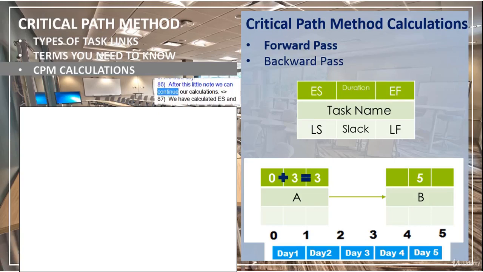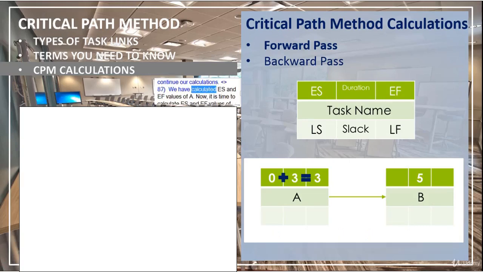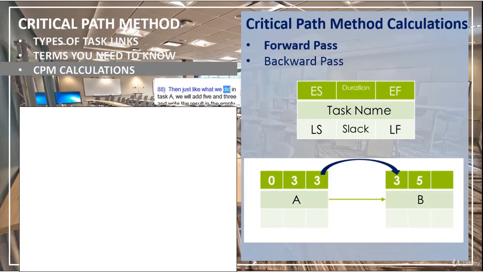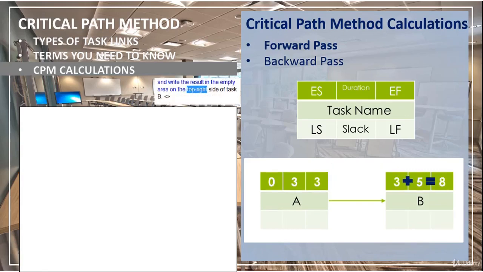After this little note, we can continue our calculations. We have calculated ES and EF values of A. Now, it is time to calculate ES and EF values of B. We are entering the EF value of A to the ES value of B. Then, just like what we did in task A, we will add 5 and 3 and write the result in the empty area on the top right side of task B. The EF value of B is calculated to be 8.